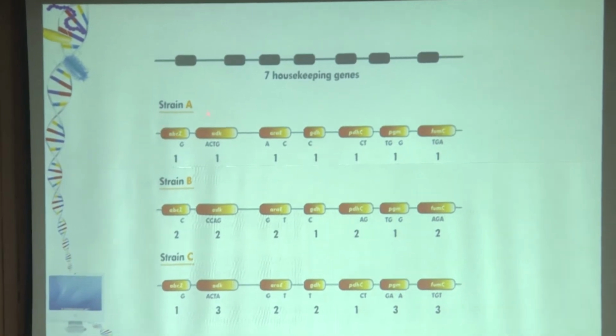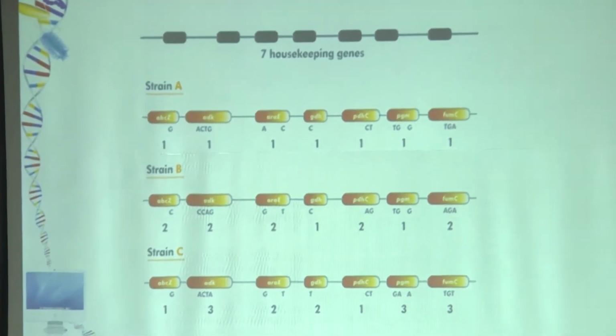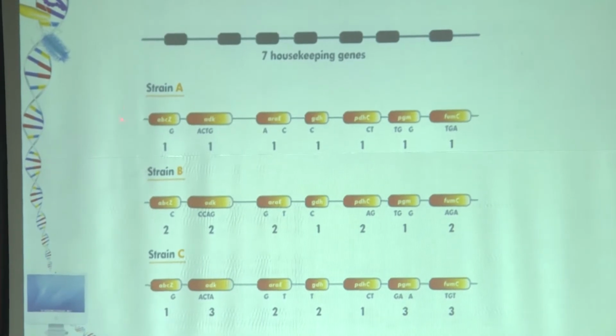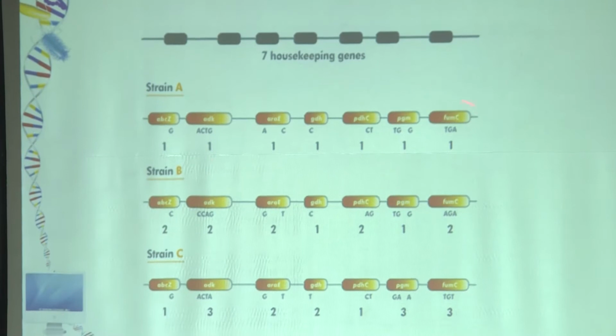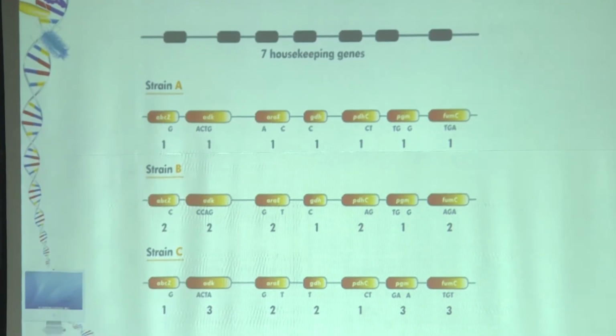For instance, strain A has, as I already mentioned, 7 loci. Somebody has selected the 7 loci, starting from A, B, C. I don't want to read it. You just pay attention to the first one. They have assigned the number 1.